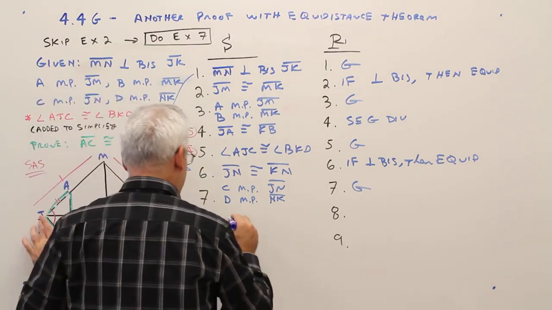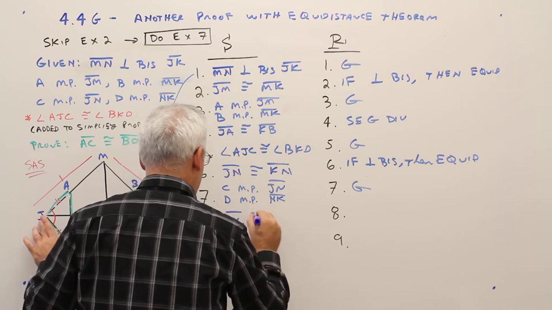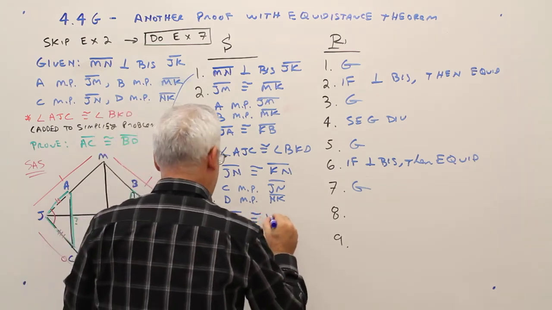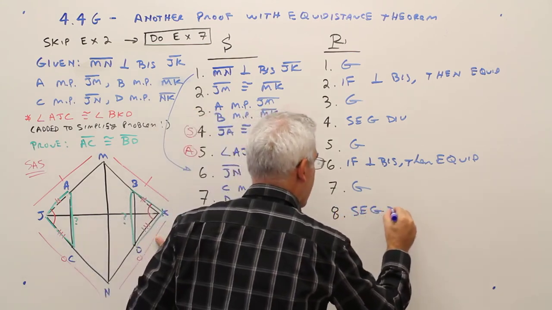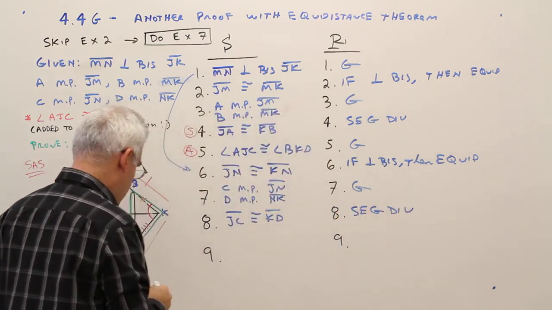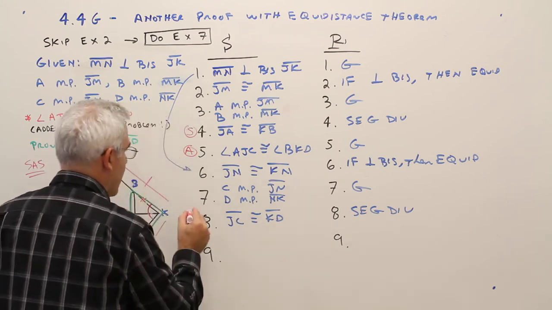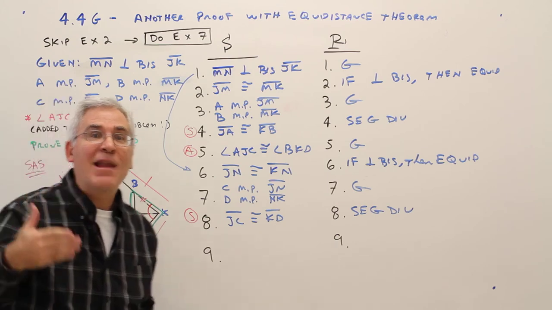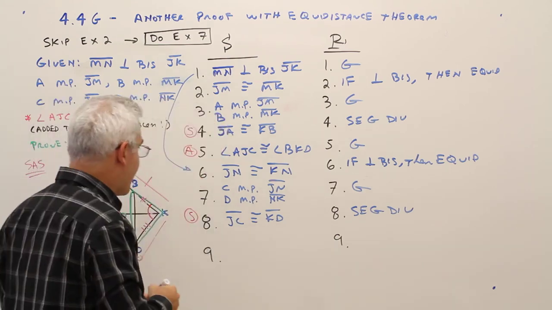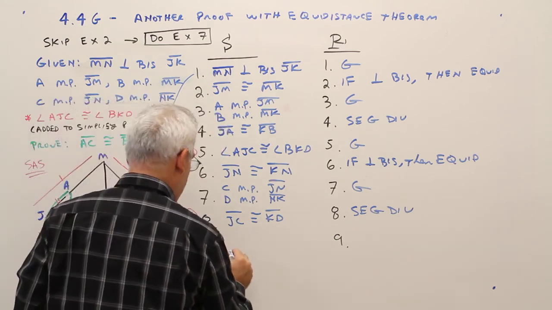So I'll say JC is congruent to KD. That's going to be segment division. So I'm going to need one more step. I'm now going to get the triangles congruent by SAS. Let's get some good ordering here.